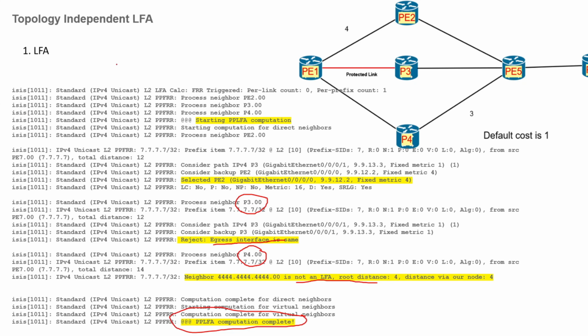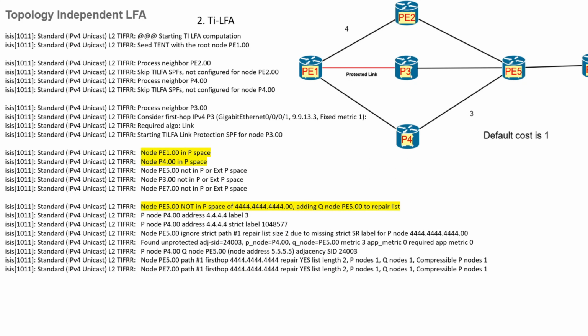So first it runs the LFA, then it starts the Ti-LFA operation. It starts the operation for P2, but we don't have Ti-LFA enabled for the interface between P1 and P2, so it says not configured for node P2.